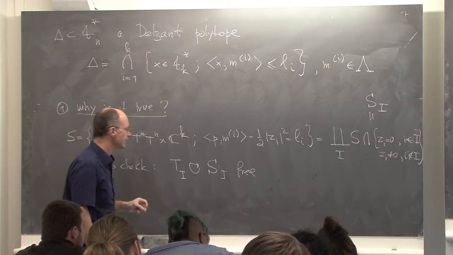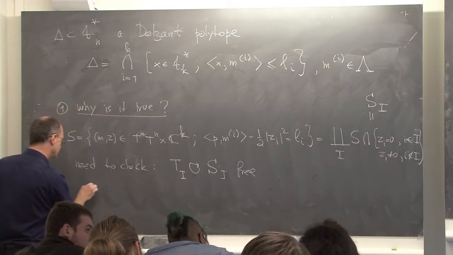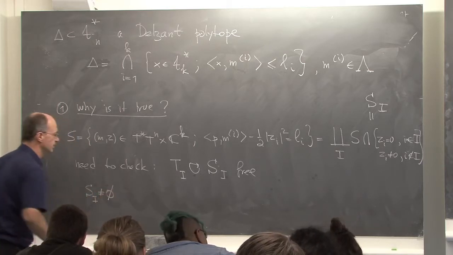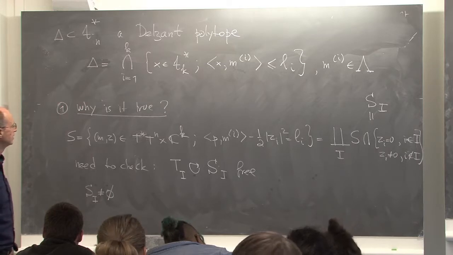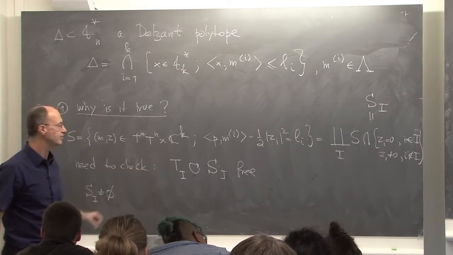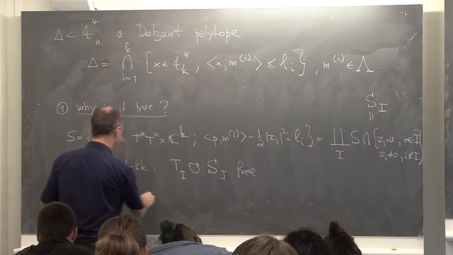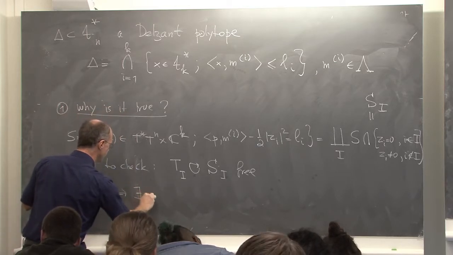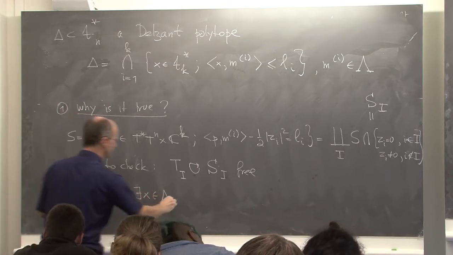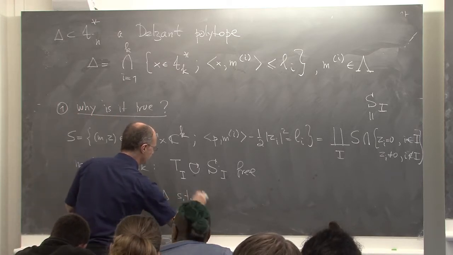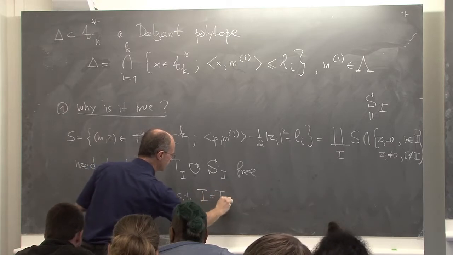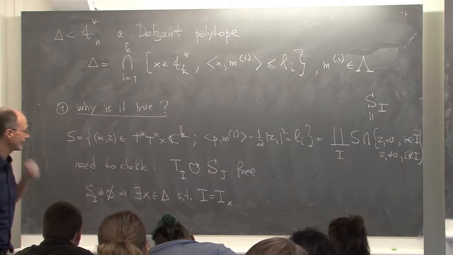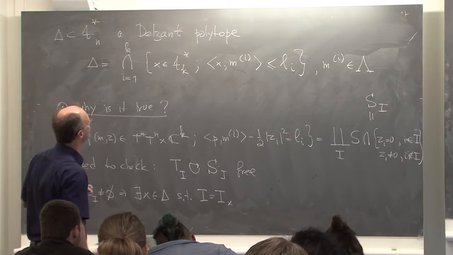So it turns out that if S_I is non-empty, then this means that there is a point x in the polytope such that I is equal to I_x.